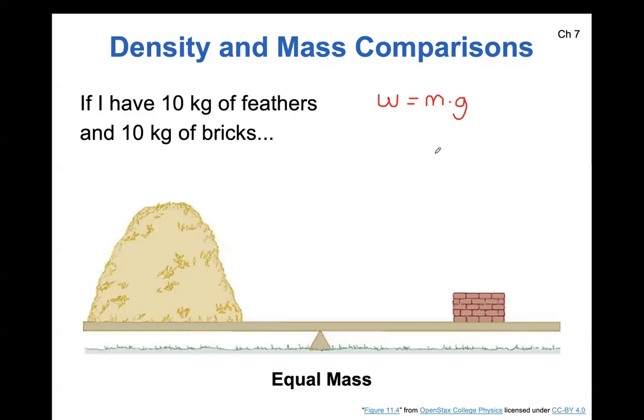If I took the bricks to the moon where gravity is less, but I kept the feathers on Earth, both would still have the mass of 10 kilograms. But now the bricks being on the moon where gravity is less, where g is less, would have a smaller weight despite having the same mass. You see the difference?